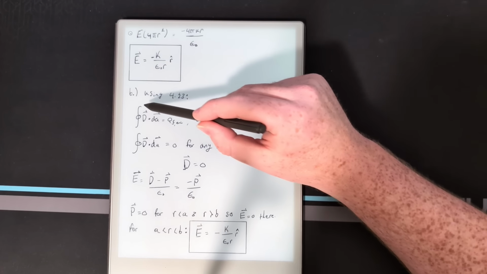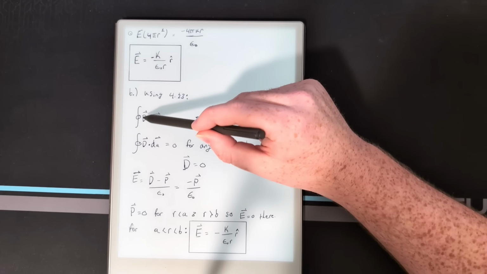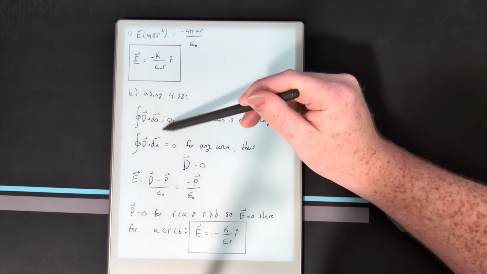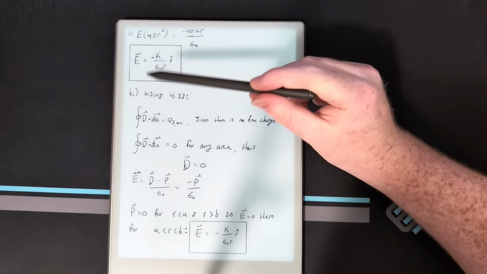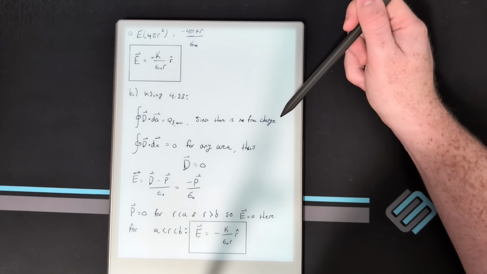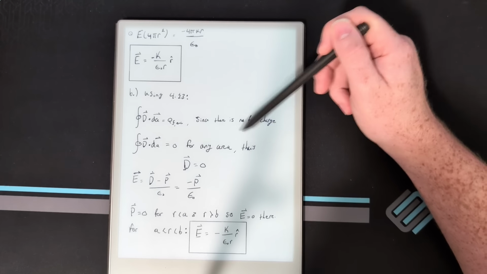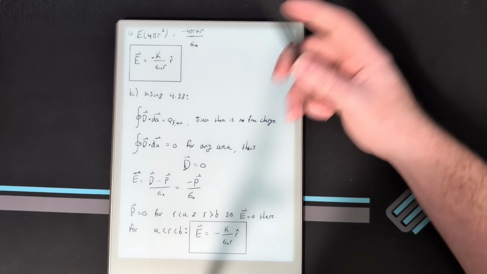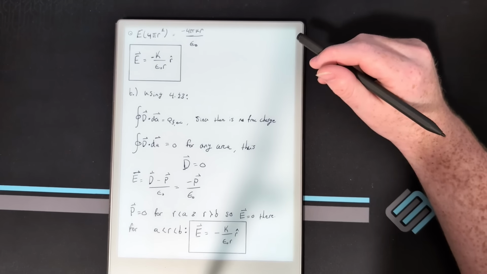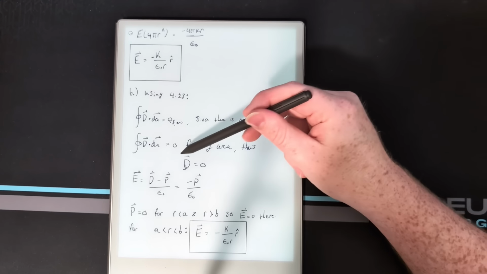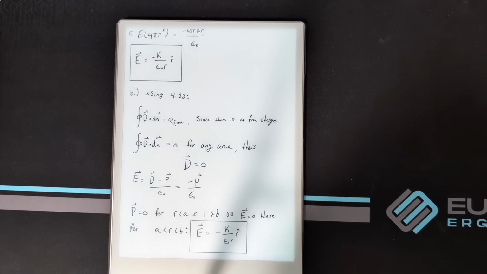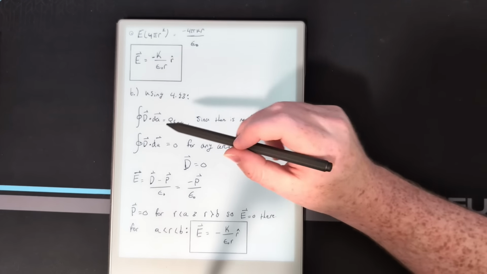Gauss's law for the displacement field says that the flux of the displacement field through some surface is equal to the free charge enclosed. However, there is no free charge in our problem. So the flux of the displacement field is going to be 0 for any Gaussian surface we choose. That means the displacement field has to be 0 in all three regions. It doesn't matter, there's no free charge.